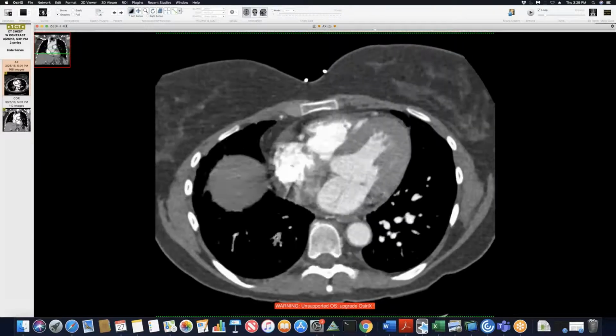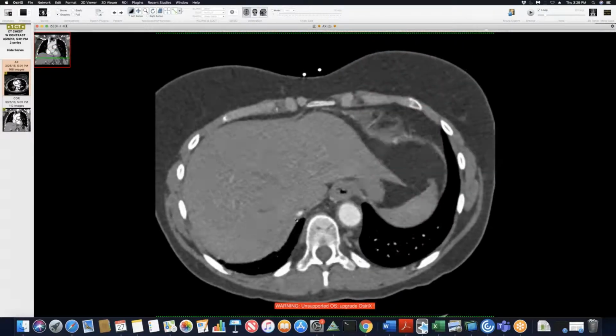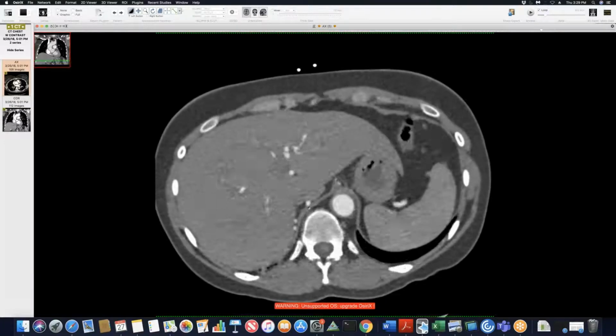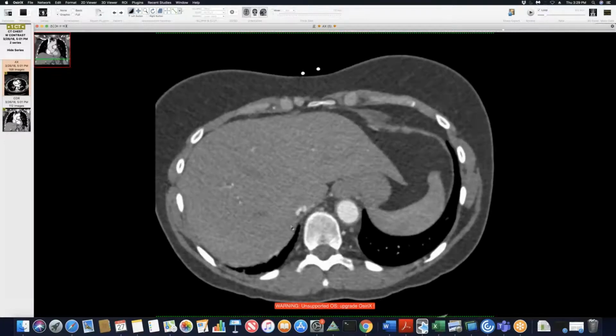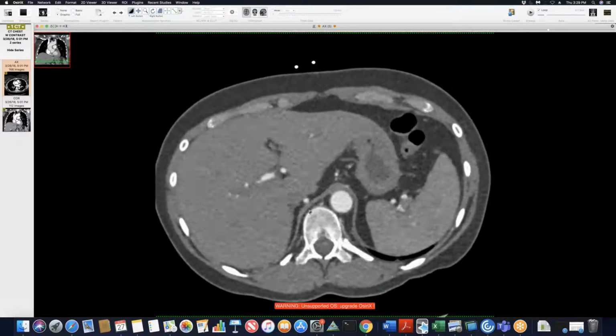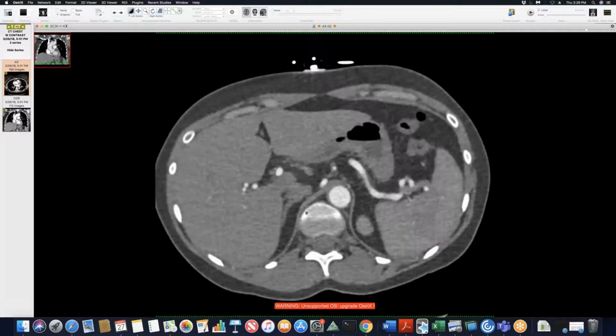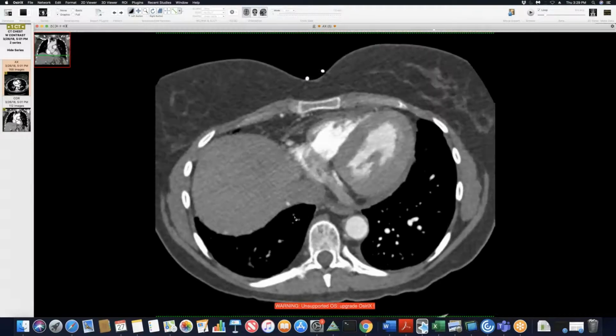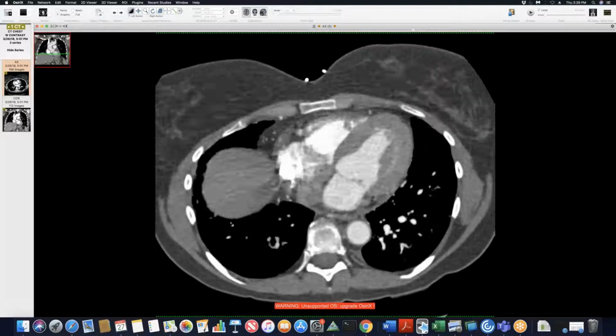It's also a good example of recruitment of systemic circulation to supply that segment of the hypoperfused lung. We have some arteries coming from the celiac here recruited, so some transdiaphragmatic or transpleural supply there.